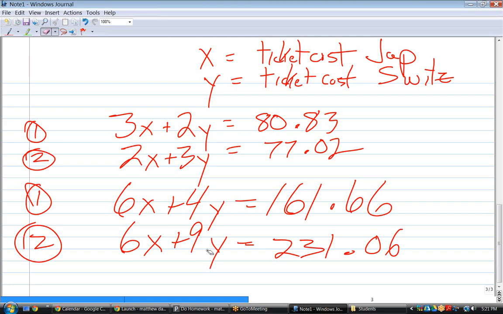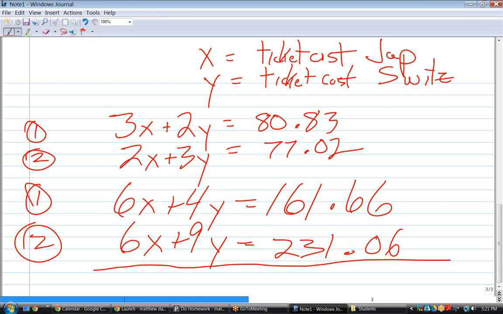Now, notice that I can subtract equation 1 from equation 2, and x will go away. And why do I do 1 from 2 instead of 2 from 1? I could do 2 from 1 also.